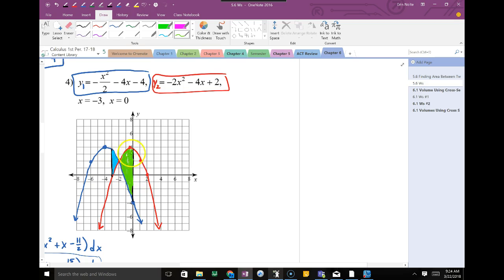Doing this on OneNote is kind of nice, as Cassie pointed out earlier. So it becomes really important for us to know where these two functions intersect, right? Negative 3 to 0. See right there?